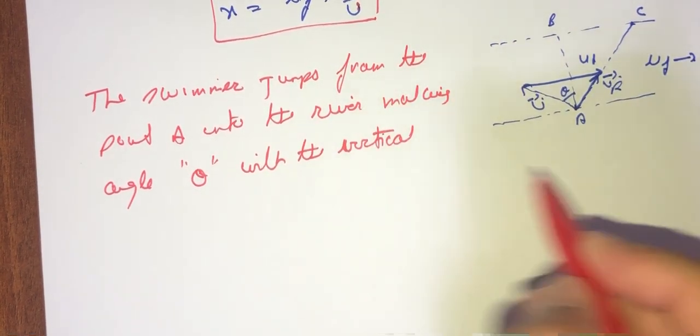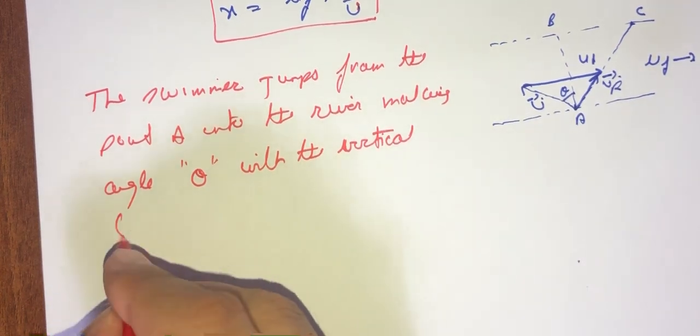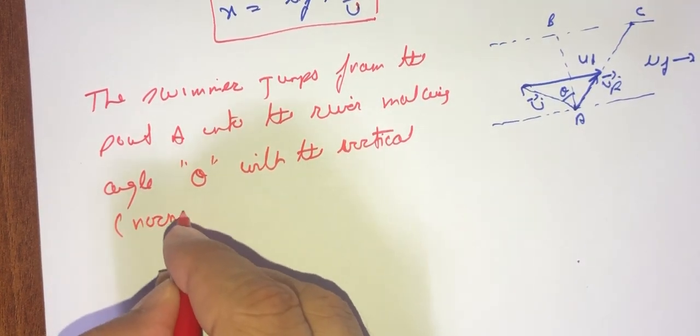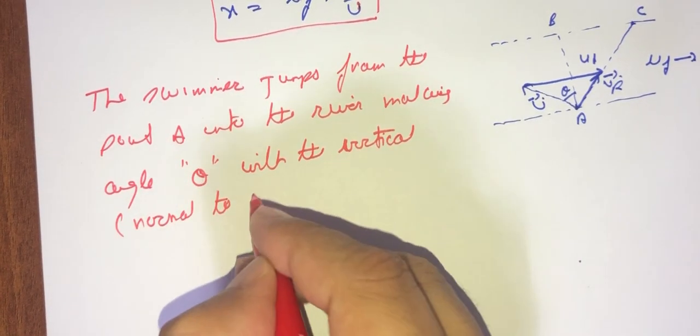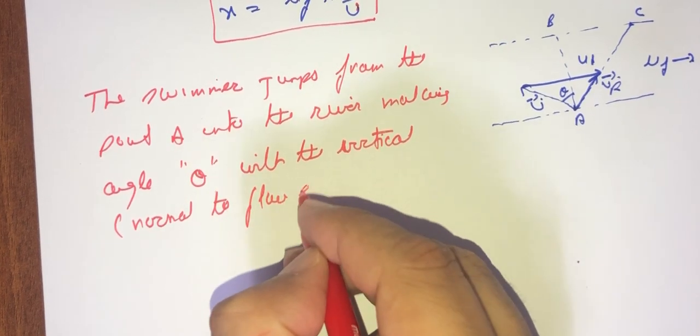Here vertical means normal to the current, normal to the flow of the river.